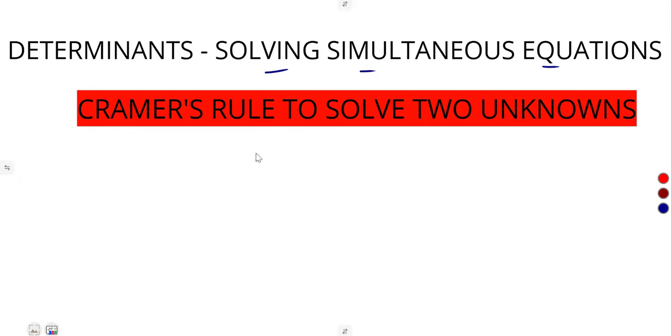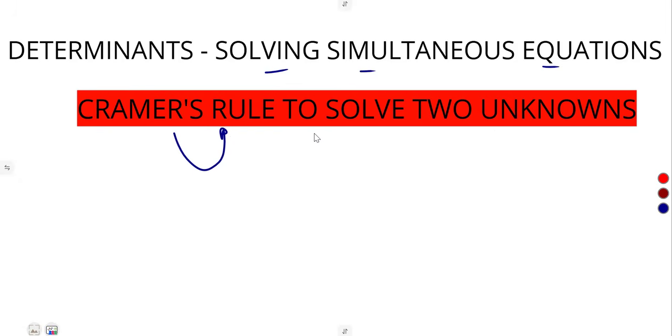And from the determinants concept, that is referred to as Cramer's rule, which is used to solve simultaneous equations.